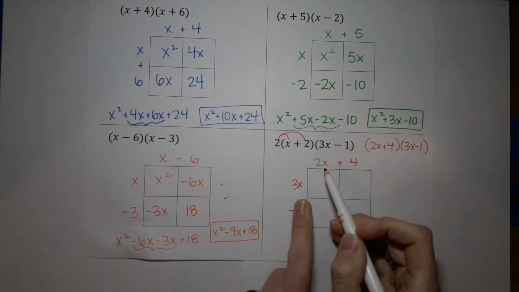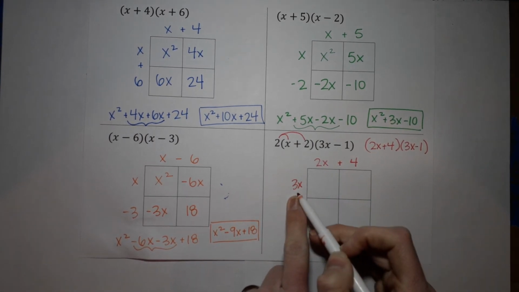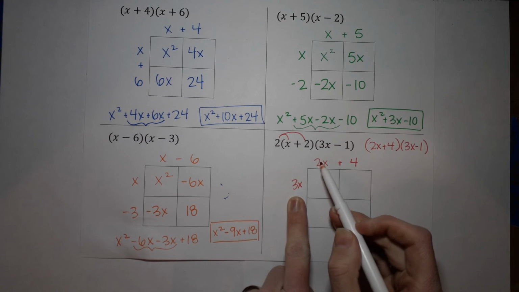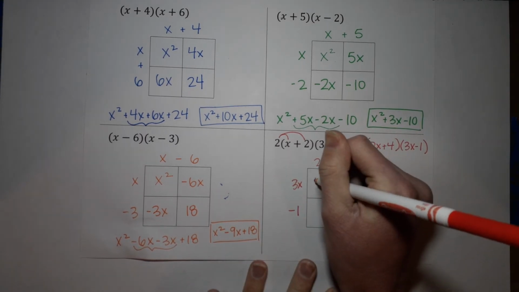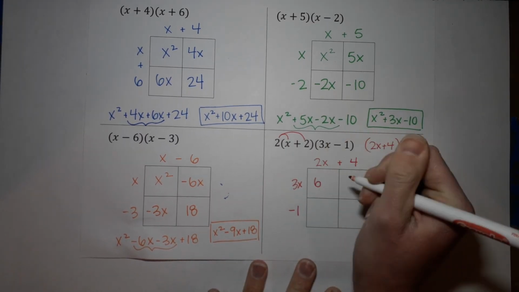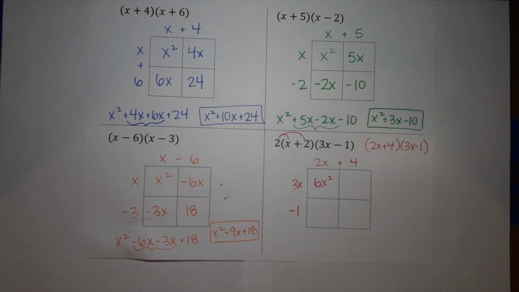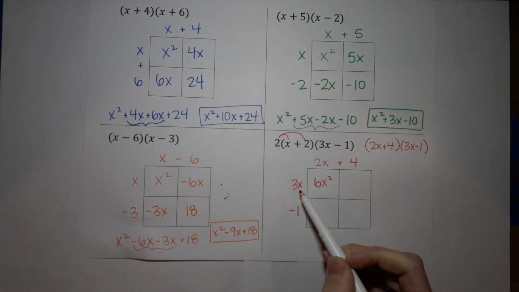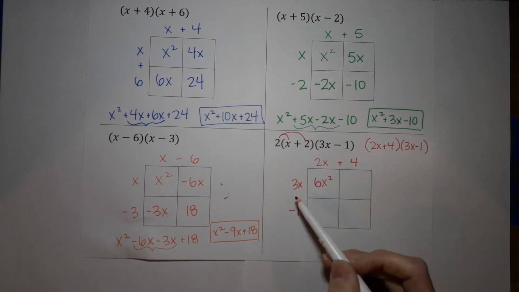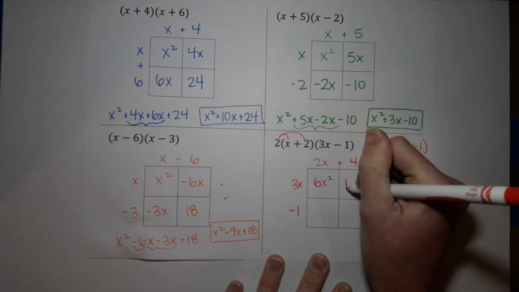Okay, so first I've got 2x times 3x. So 2 times 3 gives me 6. x times x gives me x squared. Not too bad, right? Then we've got 3x times 4. 3 times 4 gives me 12.